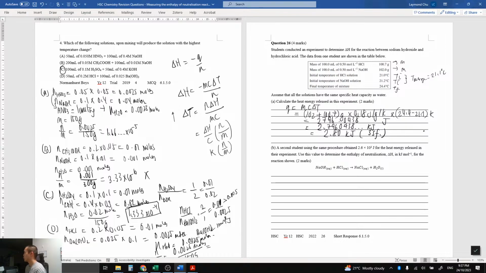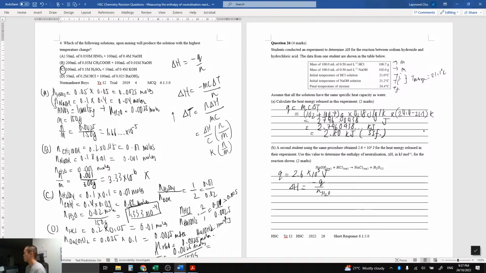So the Q that the second student obtained was 2.6 times 10 to the 3 kilojoules. Now to work out delta H, we do our negative Q on n. What is n? n is the moles of water. How do we find the moles of water?